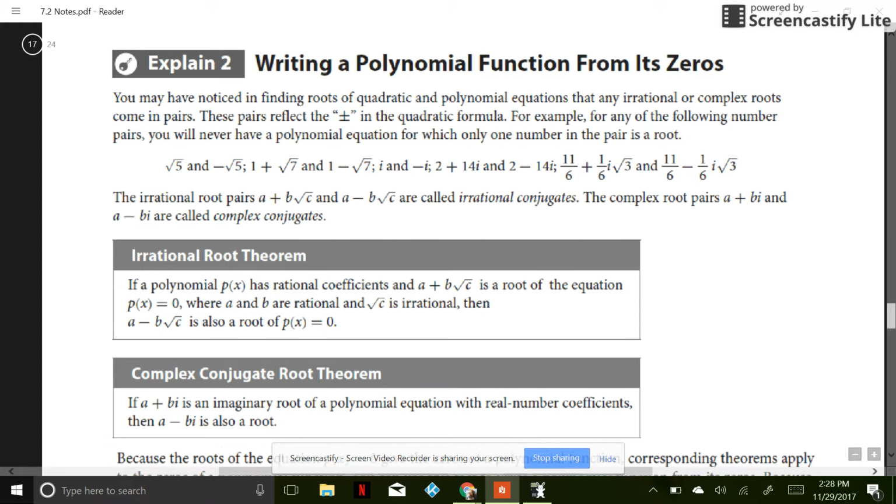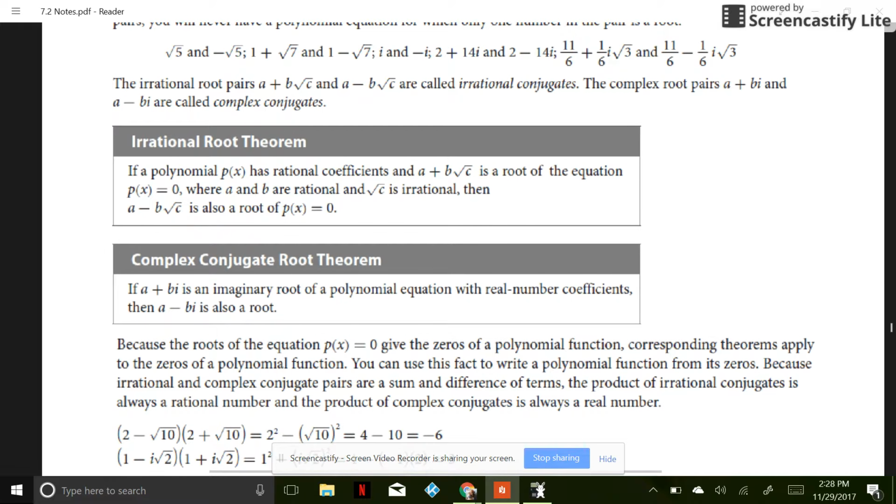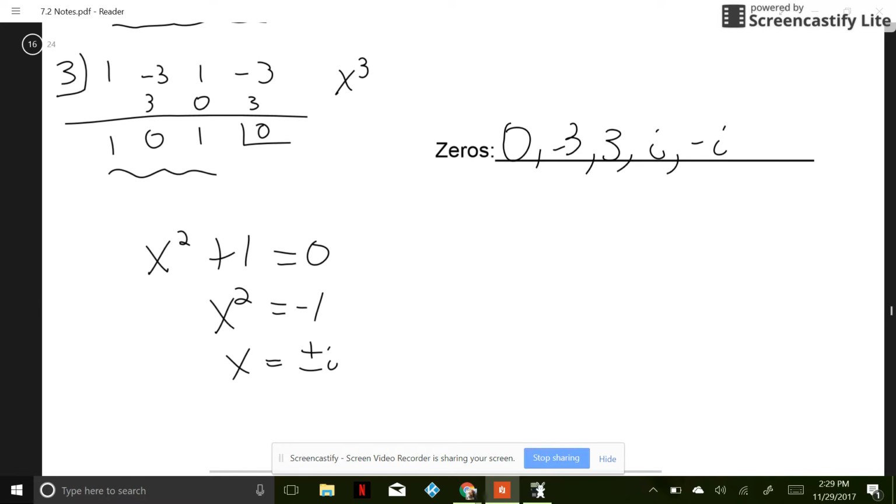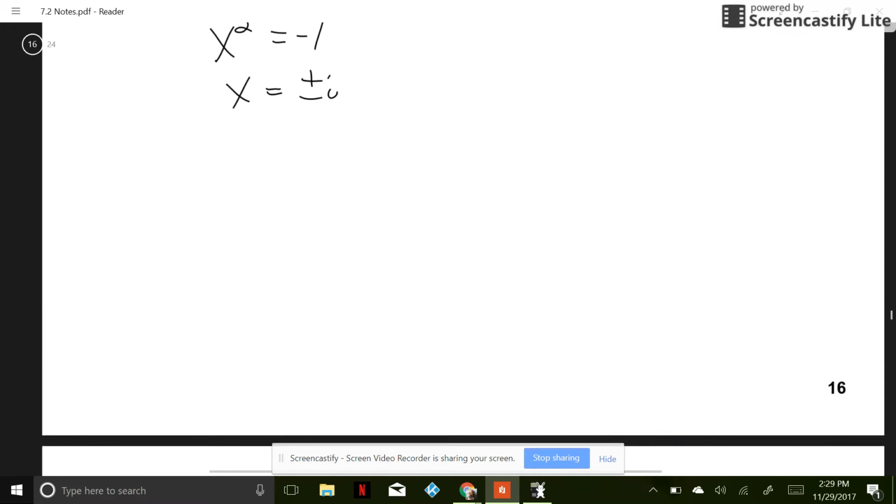So we can actually write a function just if we know the zeros. The big thing here to recognize is that if we have an irrational root, so something with a square root inside, adding or subtracting something with a square root, or something with an imaginary number, anytime we have those, you notice they always came in pairs. If we have, like we did up here, a positive i, we're also going to have a negative i.